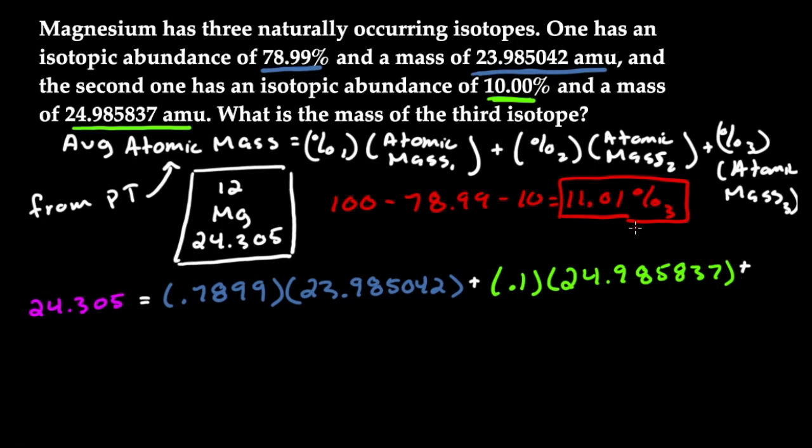And so we're going to take this as a decimal, which would be 0.1101, and then we're going to multiply it by an x, because we don't know what the mass is that goes with this. So we'll put an x right here, and then we'll solve this equation for x. And so when we multiply these two numbers together and multiply these two numbers together, and then subtract on both sides, we're going to get 2.863, and that's going to equal 0.1101 times x.